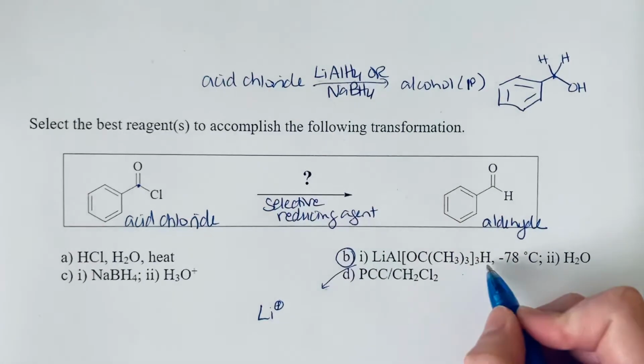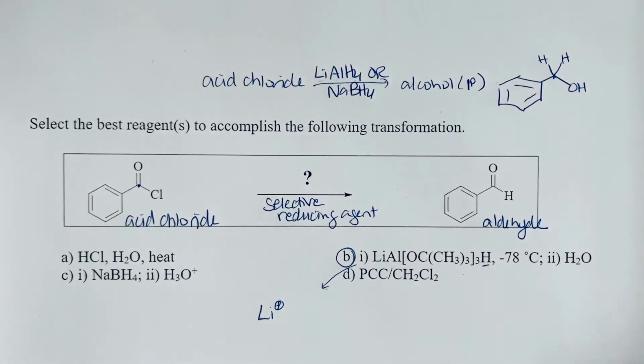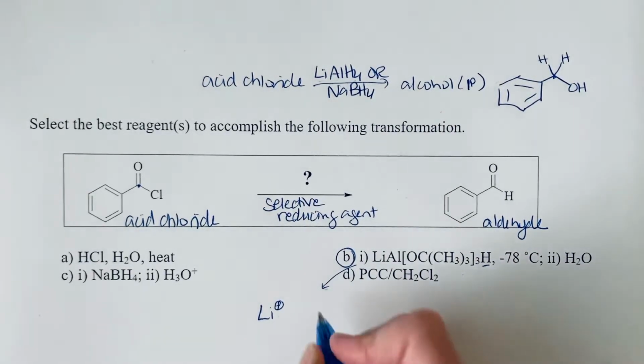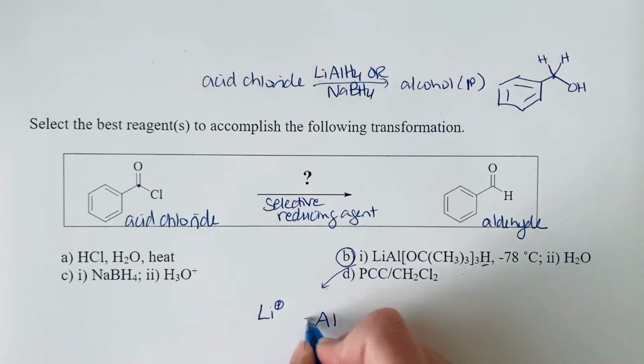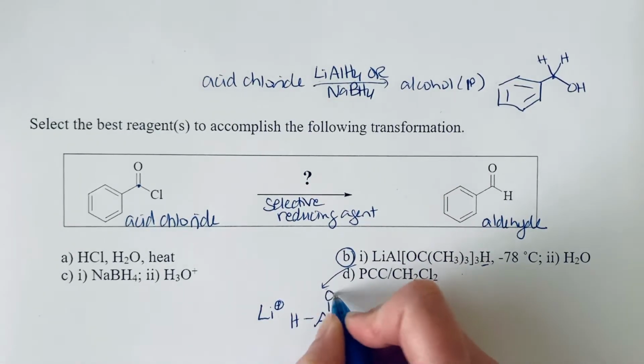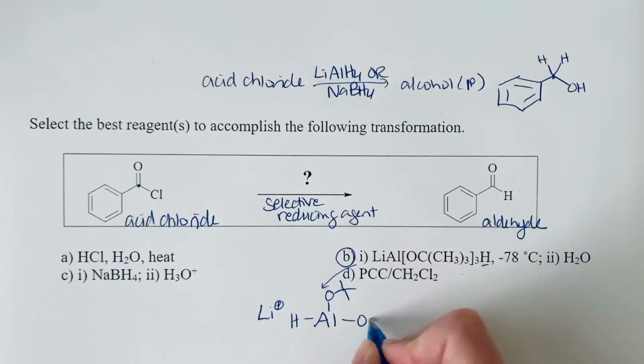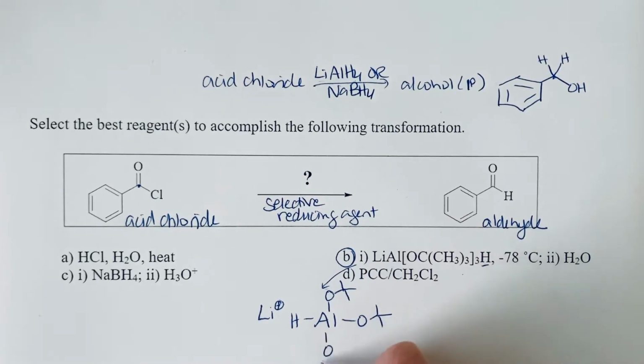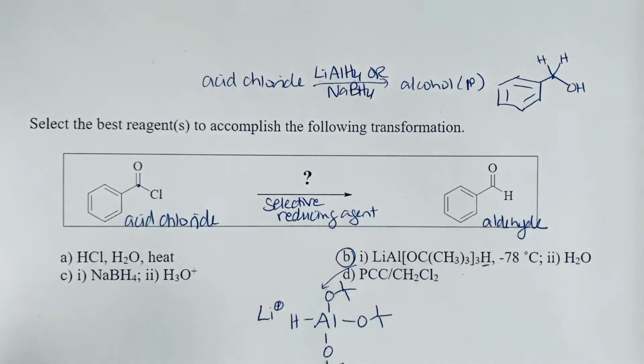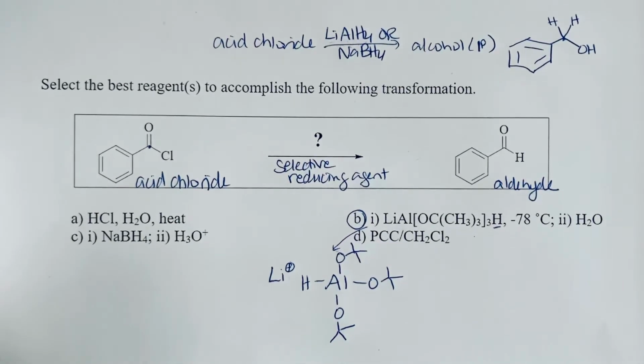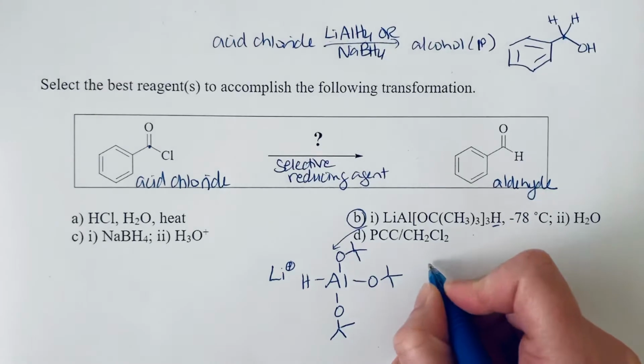You can see it's only got one hydride and it's got three of these tert-butoxy groups. So here's your aluminum, it's got one hydride and three of these tert-butoxy groups. So what we're doing with this structure is it's less reactive than lithium aluminum hydride.